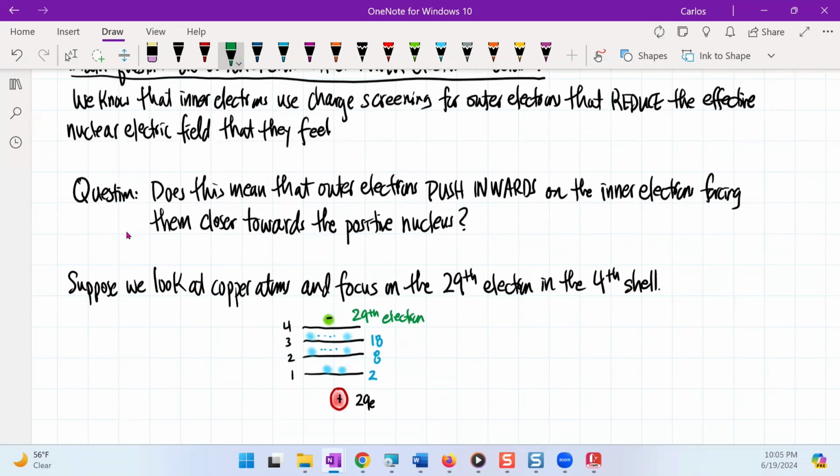Now, one of the things that I have to worry about is that quantum mechanics plays a huge role. So this is what I want to do. You could imagine that I use Gauss's law. So let's look at Gauss's law. Since I have a spherically symmetric charge, I could put my Gaussian right in here.